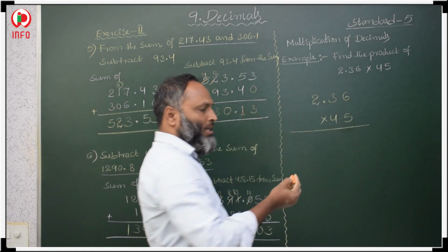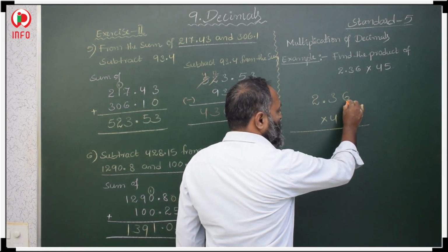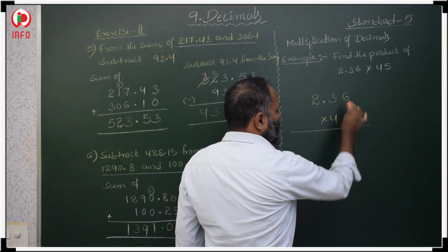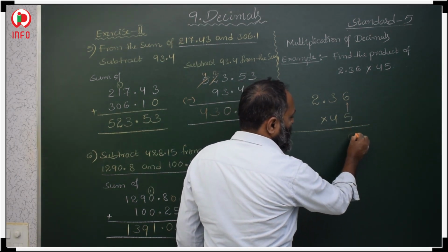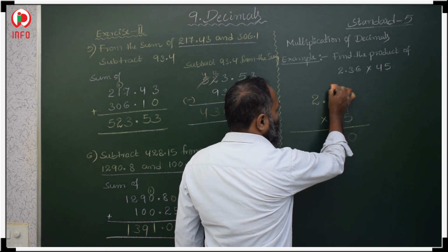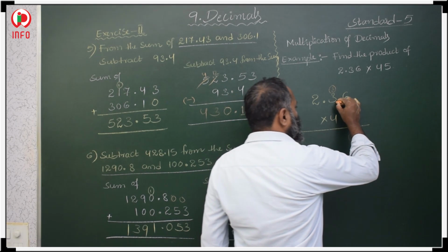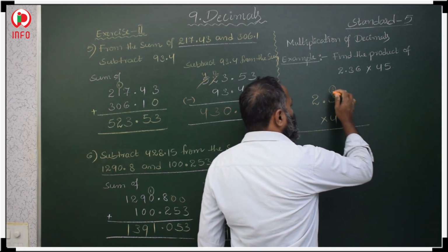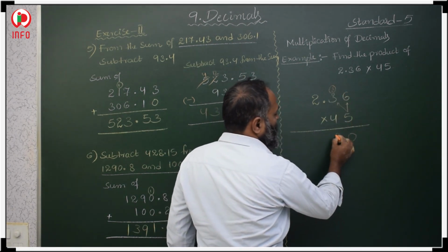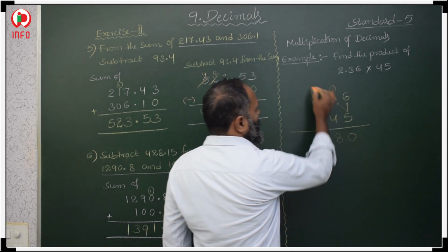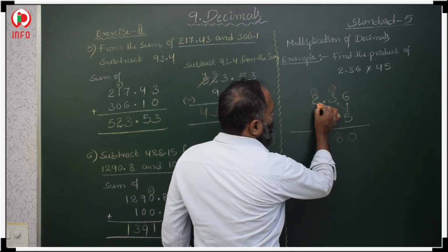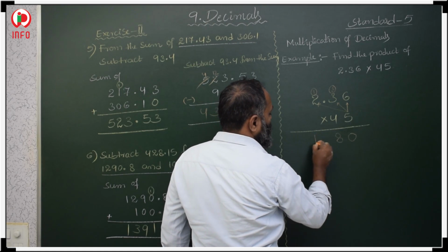First we multiply 5 with 6. 5 6s are 30. 30 means 0 here and 3 on tens place. Next, 5 3s are 15. 16, 17, 18. 18 and 1 here. 5 2s are 10. 10 plus 1, 11.